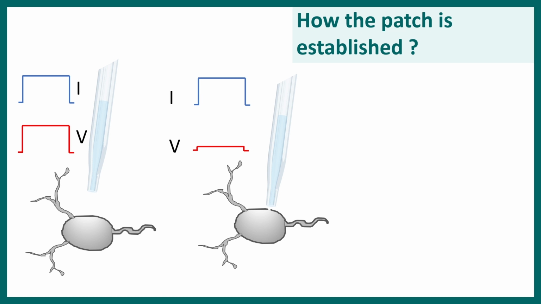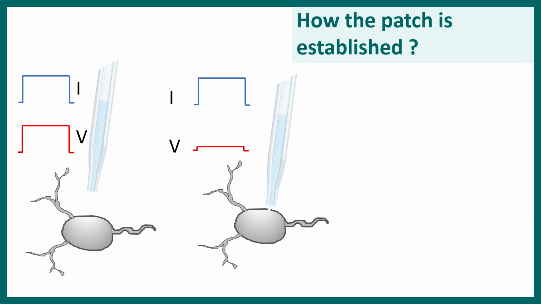Now here, next, when you reach the neuron, then you apply a voltage. In this case, sorry for the mislabeling, the I and V got just opposite. So consider I to be V and V to be I. So anyway, look at this. When you approach the particular neuron, you apply another voltage pulse, but you get a small current pulse.